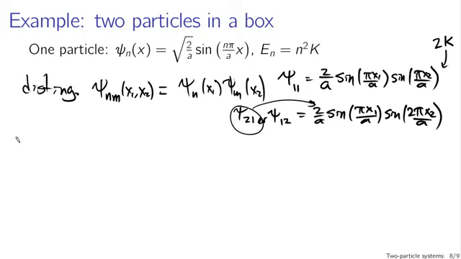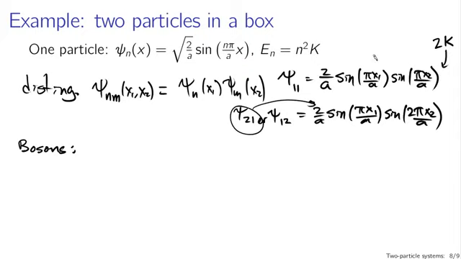Suppose instead of distinguishable particles, I had bosons. The states that I would work with then would look very similar. If I had psi 1,1, my ground state, well, there's nothing wrong with putting two quantum mechanical particles in the same quantum state with bosons. So I'd have to make the symmetric indistinguishabilization. Sure, why not? I'll make up a word.